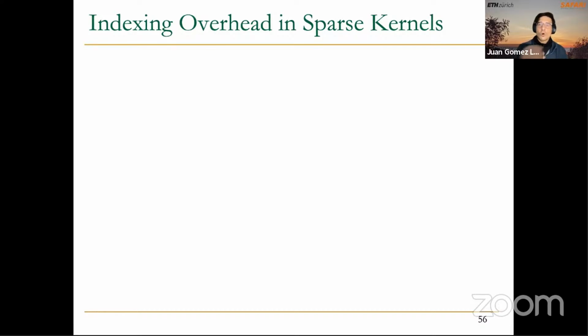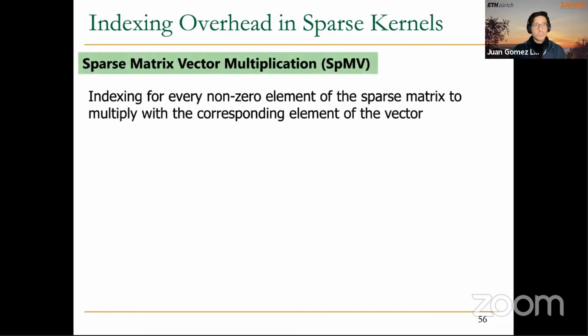We have to check other arrays, like for example in CSR, we have to go and check the pointer array, and then after that perform an indirect access to the value and the column. So there is an indexing overhead. For example, in a sparse matrix vector multiply, indexing every non-zero element of the sparse matrix is necessary to multiply with the corresponding element of the vector.